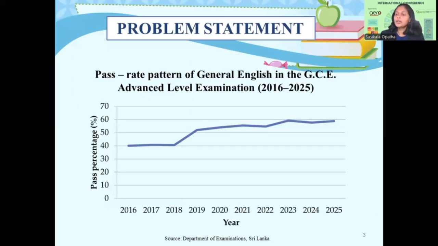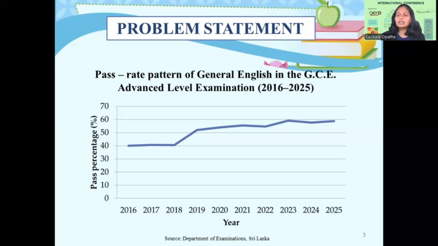So I would like to briefly present the problem statement of this study. You can see here the pass rate pattern of general English subject in the GCE Advanced Level examination I mentioned earlier for the last 10 years from 2016 to 2025.